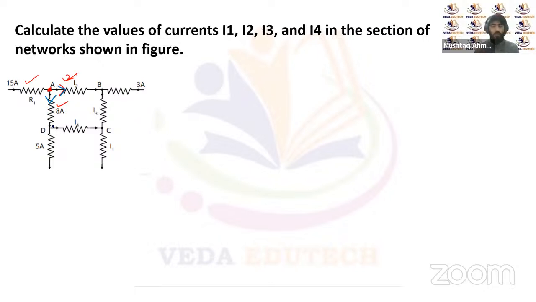So whatever current enters the junction must be the current leaving the junction. It means that if 8 amperes is leaving through this resistor, then the remaining current is 15 minus 8, which is equal to 7 amperes.